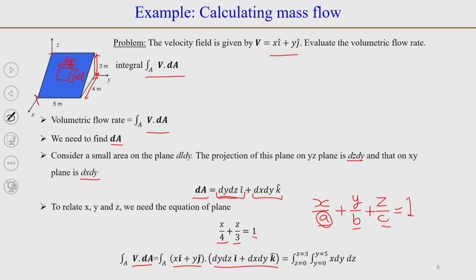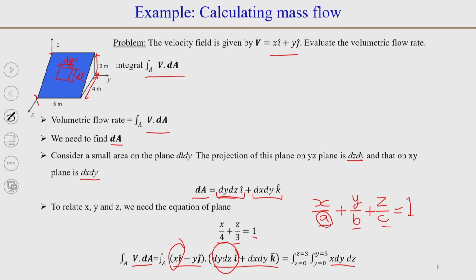So, we will have only one term, where we have i dot i. That means the product of these terms gives x dy dz, with i dot i equal to 1, integrated over the area.